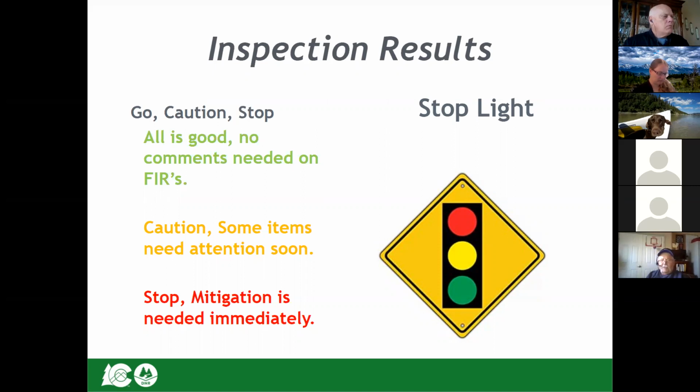And then red, that's when we have a mitigation need. We've already caused an impact to the resources of the state of Colorado. Now we need to stop that activity and we need to mitigate the damage that we've already caused. Next slide, please.